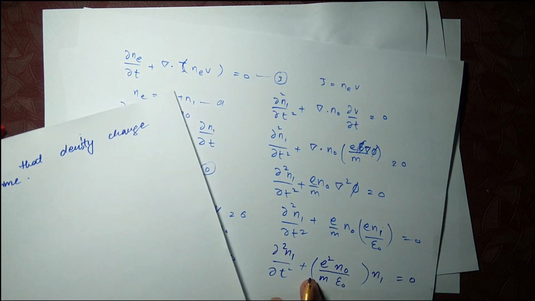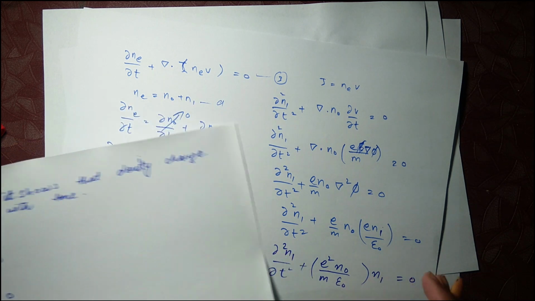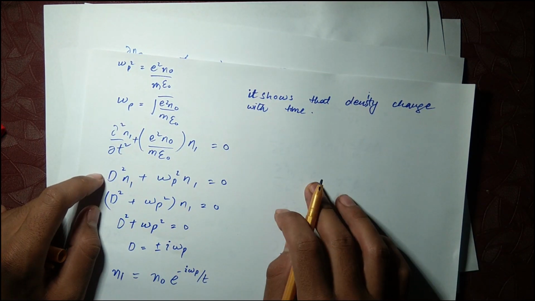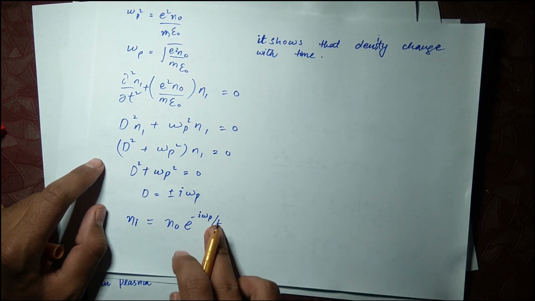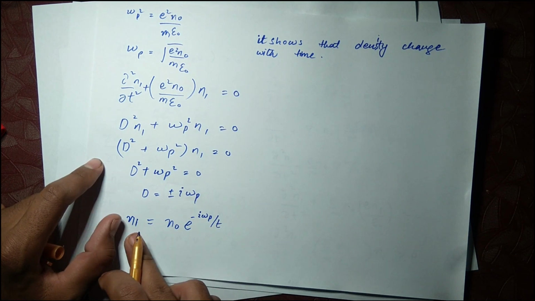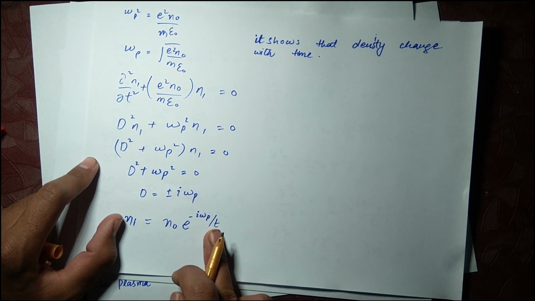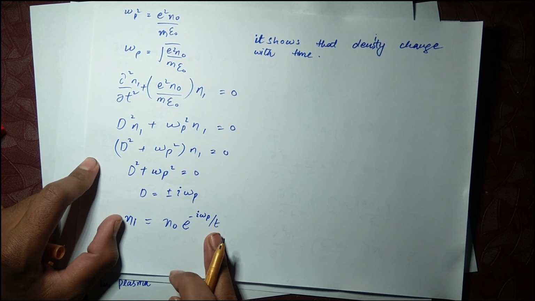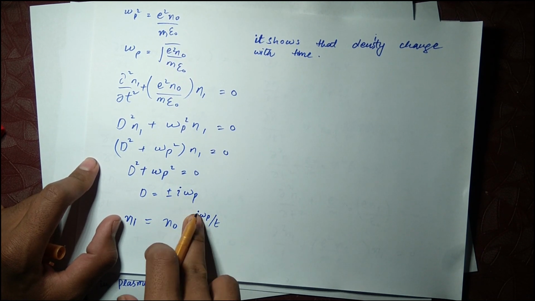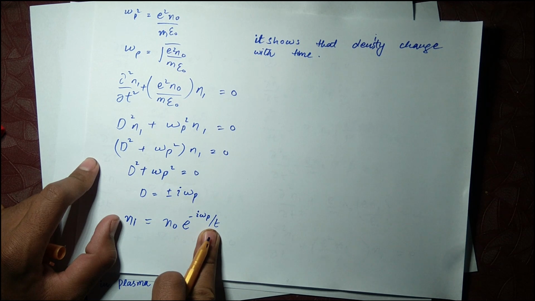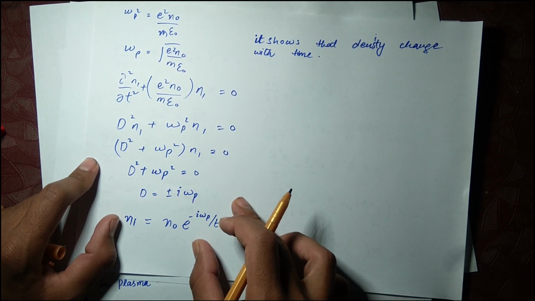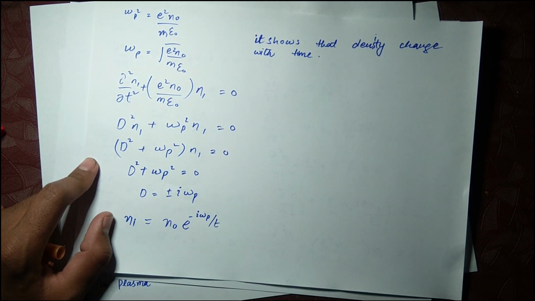From the previous equation you can also see that density is changing with time, and from this equation also you can see that n1 is changing with time. So this is in the denominator and we have a minus sign here, so the overall value will be bigger. It will be an exponential rise.